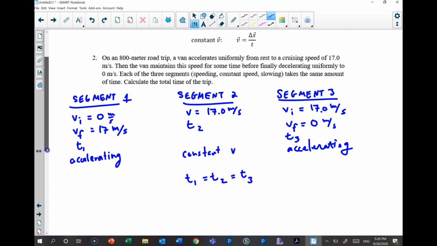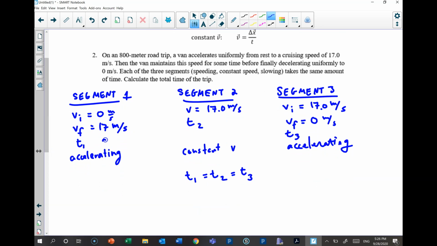The other thing we know is that the displacement delta x1, the displacement delta x2, and the displacement delta x3, they add to the total, which is 800 meters. That's the total.